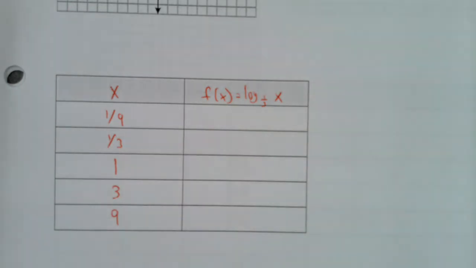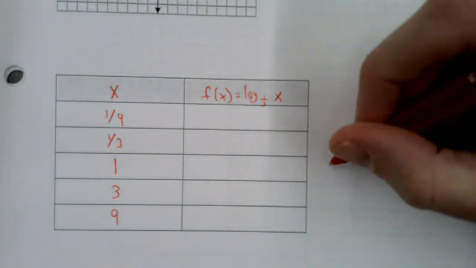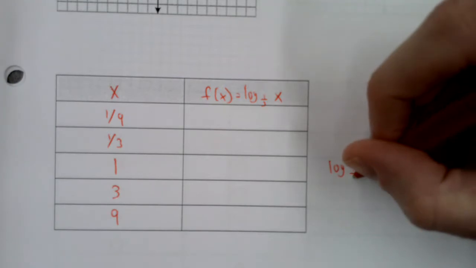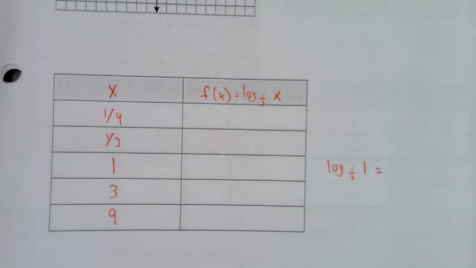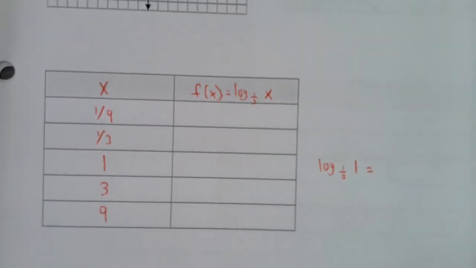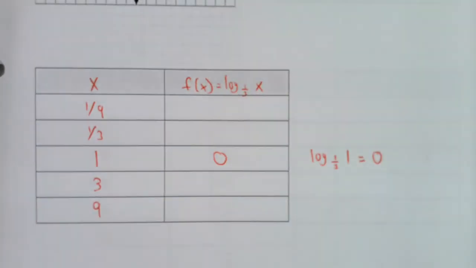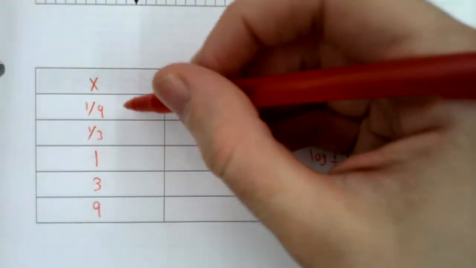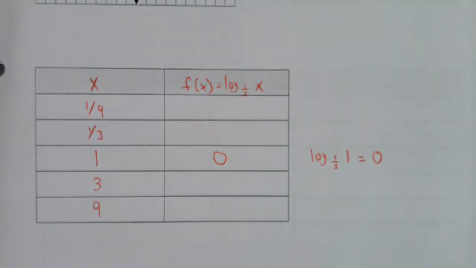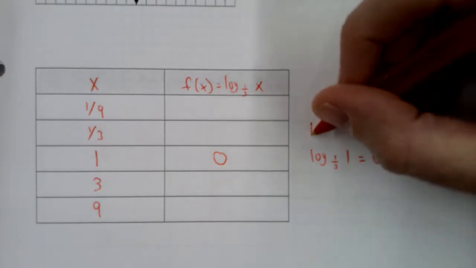Let's start with the easy one. Log base 1/3 of 1. That means 1/3 to what power equals 1? You should know the answer is 0. I'm actually going to do these ones next. I think these are actually easier. Let's do log base 1/3 of 1/3.